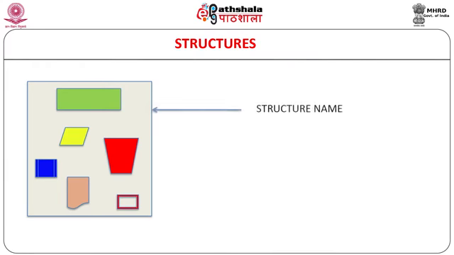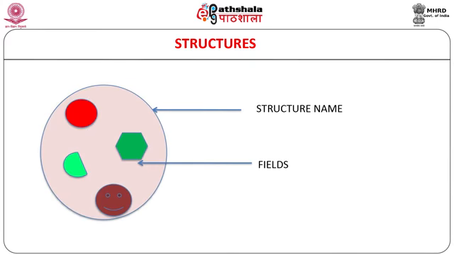This is the structure name, and A, B, C, D, E, F are the different fields. These fields are used to store different data types, like you can store integer, float, character, etc. Structure elements are also called fields. So a structure name and field names are required to define any structure.